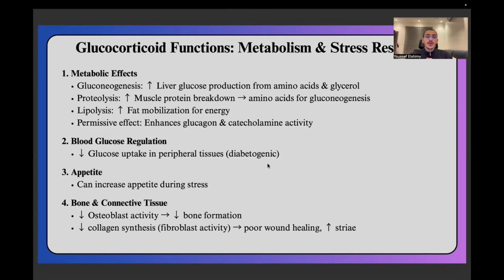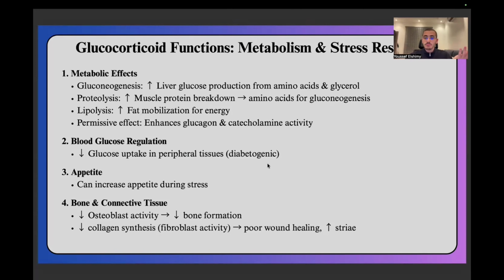Okay. Regarding blood glucose regulation, it decreases glucose uptake in the peripheral tissues. Because it wants to raise blood glucose levels, it decreases the uptake in peripheral tissues, and this effect causes diabetes.